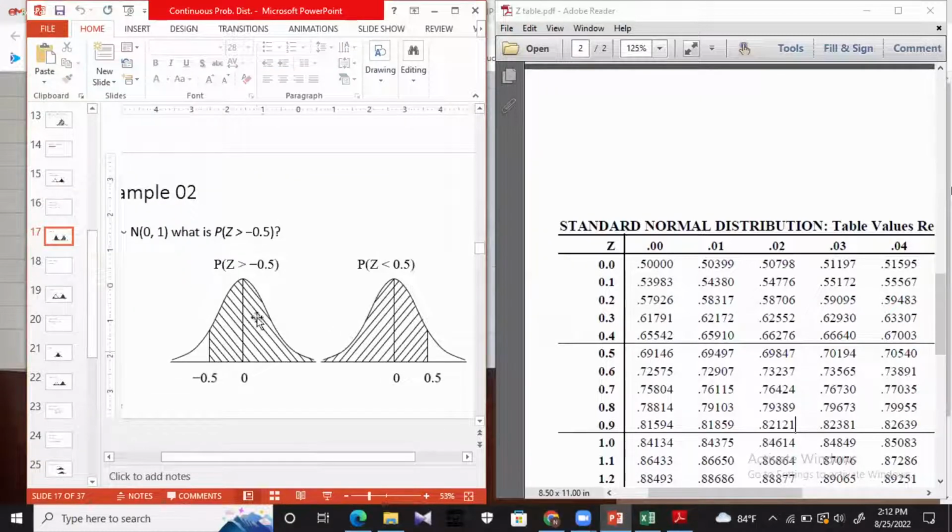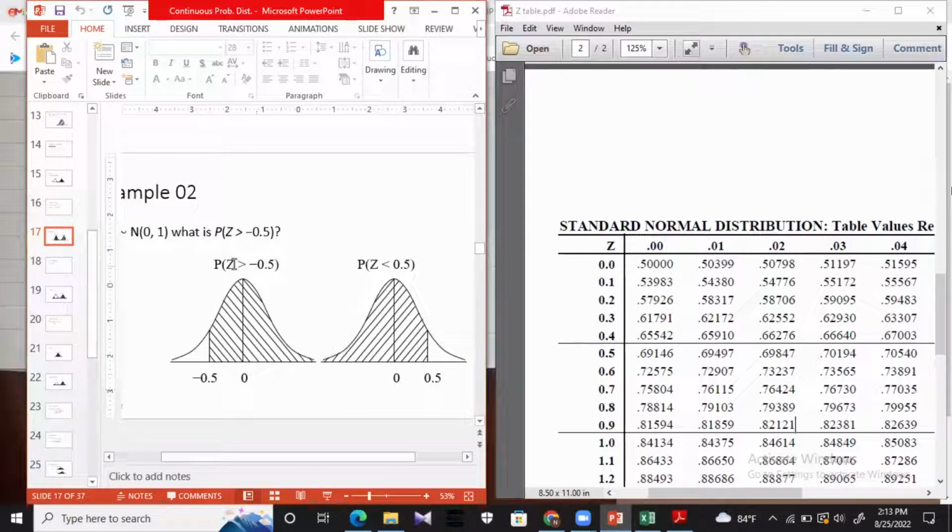Right. Now we want to find Z greater than minus 0.5. This shaded region is required to be found. But if you consider the symmetry of the distribution, this region is similar to the region given in the right-hand side curve. Okay, 0.5.